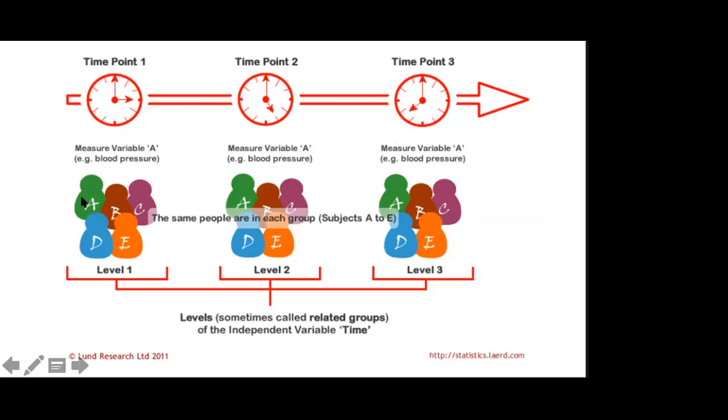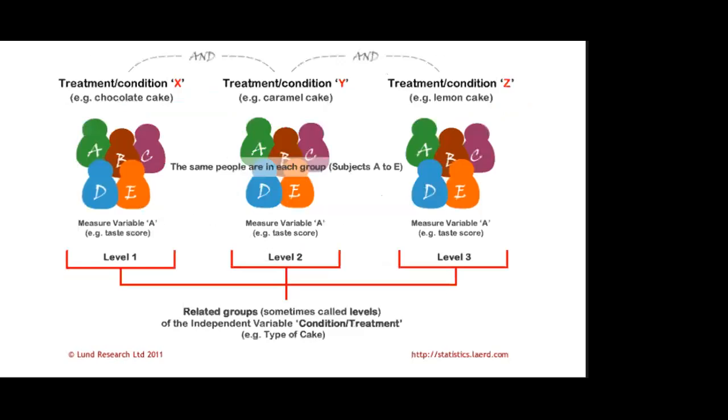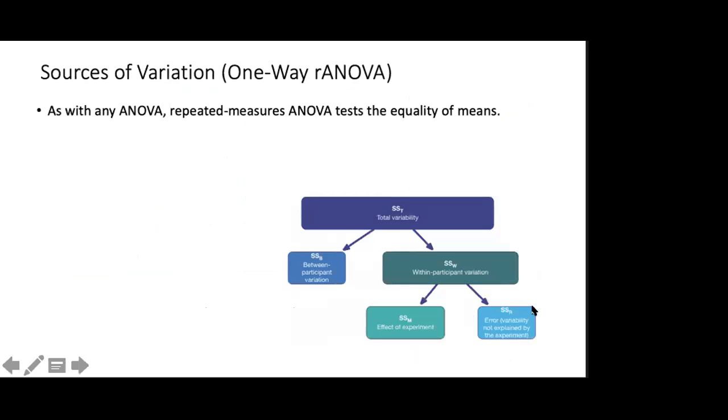Then participant A might have a difference of 5 between point 1 and 2 and a difference of 20 between point 2 and 3. This deviation from the average difference of 10 would be idiosyncratic residual variability that cannot be explained by our model. So that is the error variability in this model.